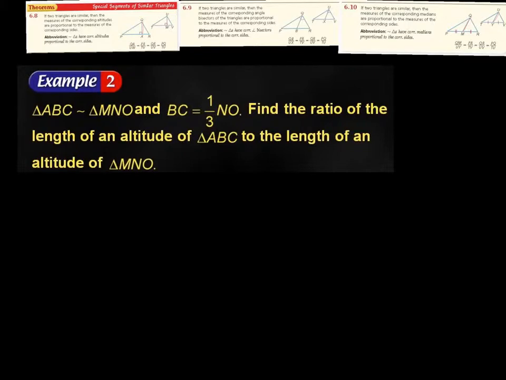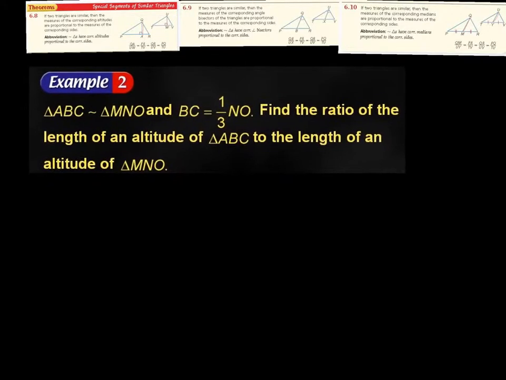Triangle ABC is similar to triangle MNO, and BC is 1/3 of NO. Find the ratio of the length of the altitude of ABC to the length of the altitude of MNO.